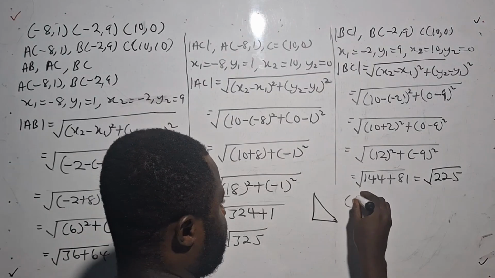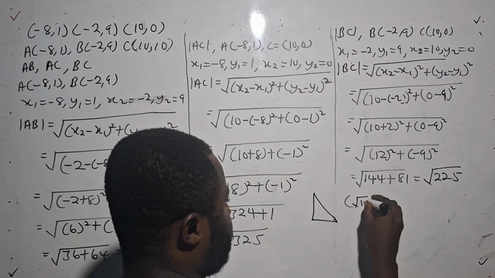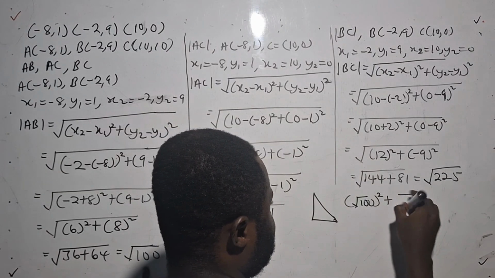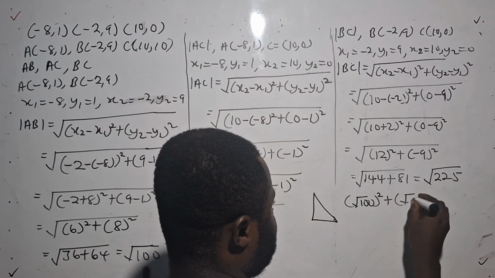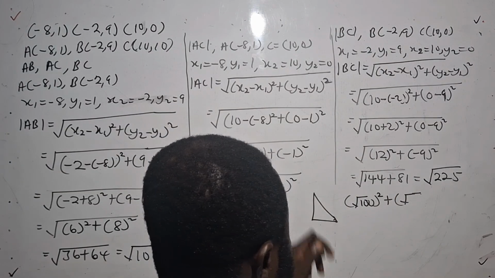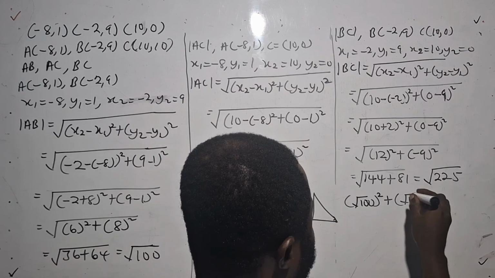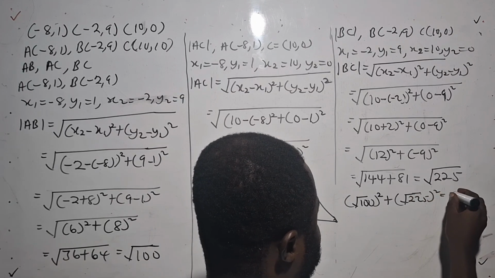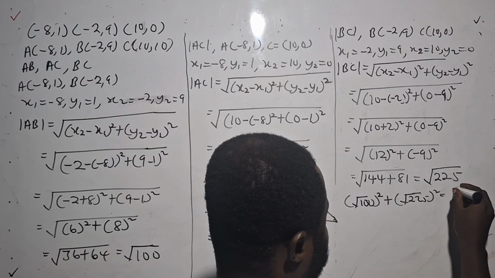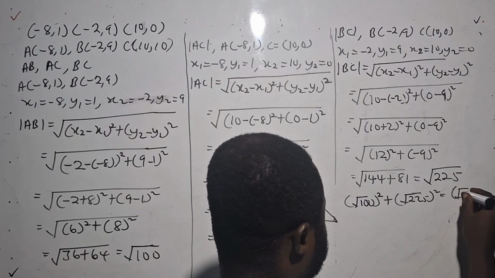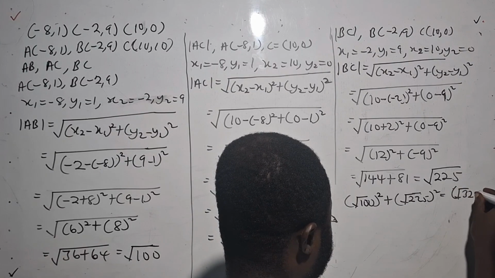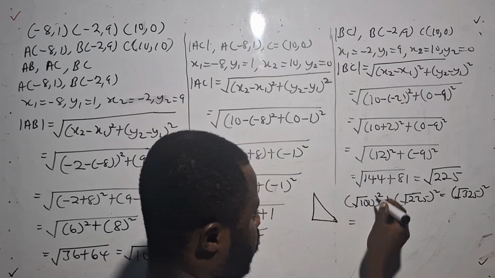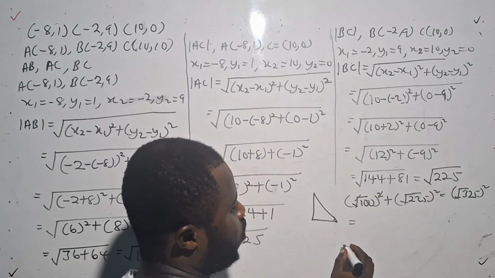So now let's see. The square root of 100 squared plus the square root of 225 squared should give us the square root of 325 squared. Now the square will take this square root.